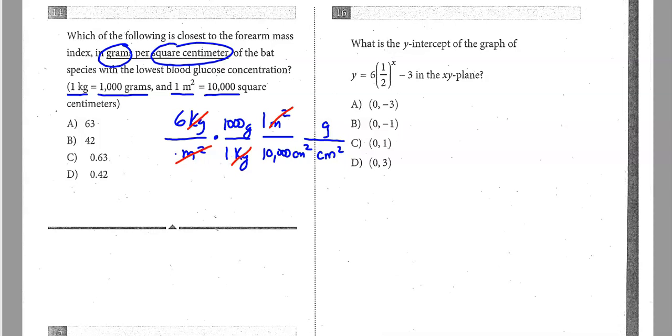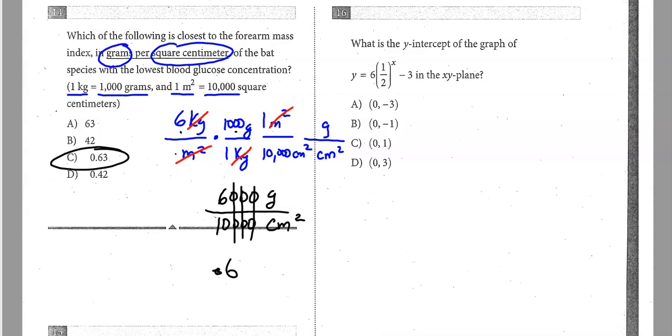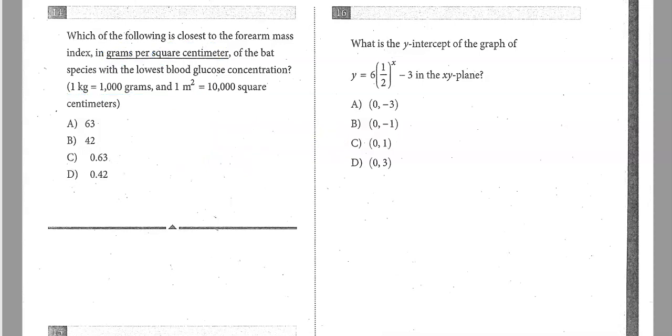Now we just multiply 6 times 1,000, so we have 6,000 grams, and on the bottom we have 10,000 square centimeters. When you cancel out a whole bunch of zeros, 6/10 is roughly 0.6. So it looks like the correct answer here is going to be C.